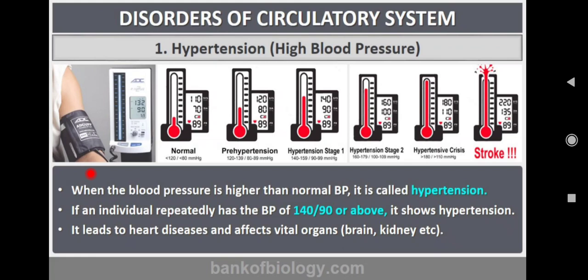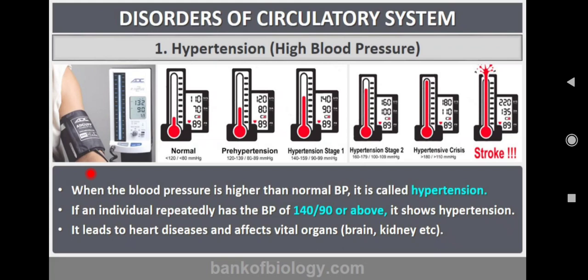Five foods to avoid during high blood pressure are also given here. Look at this: excess salt, sugar, meat, oil and alcohol must be avoided.